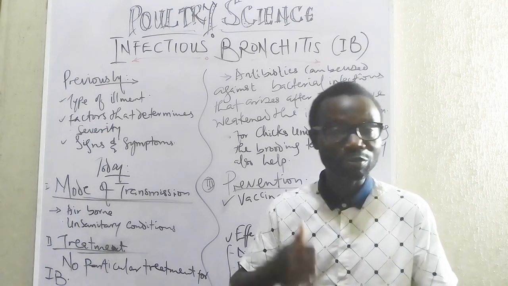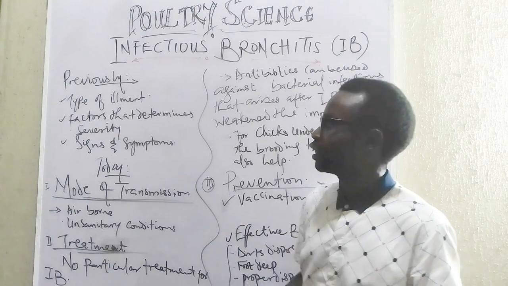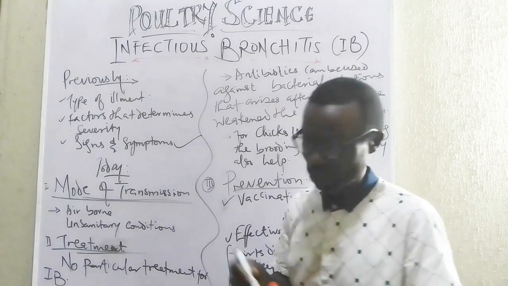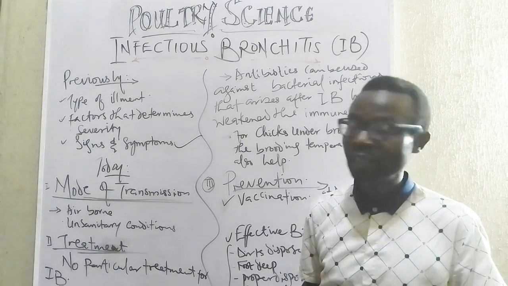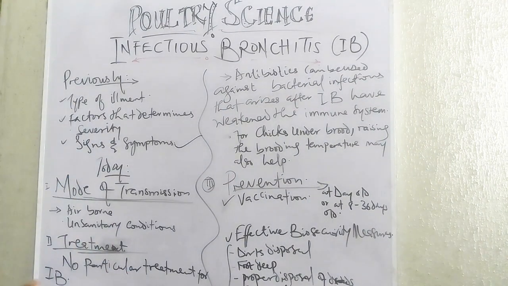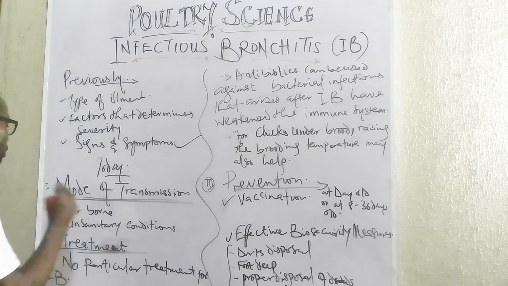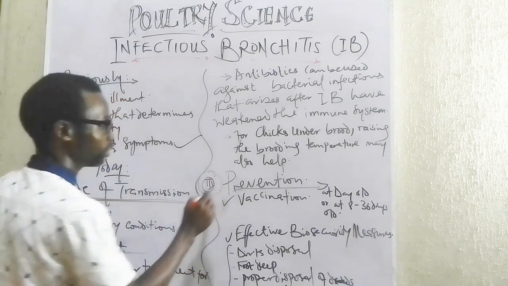Now you want to look at the previous video so you get a full understanding of what we talked about in terms of the signs and symptoms of infectious bronchitis. Now we go to what we have today, the mode of transmission. So we'll be looking at the mode of transmission, and then the treatment, and then the prevention.